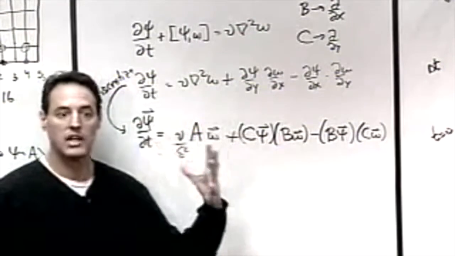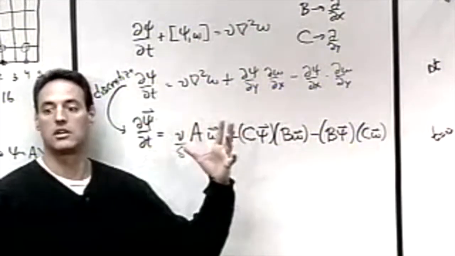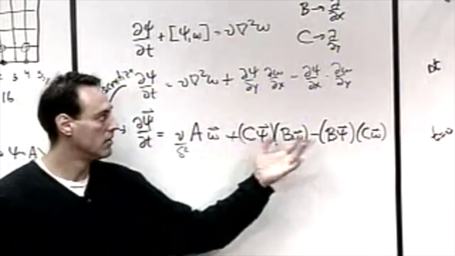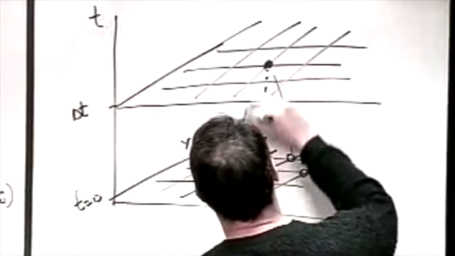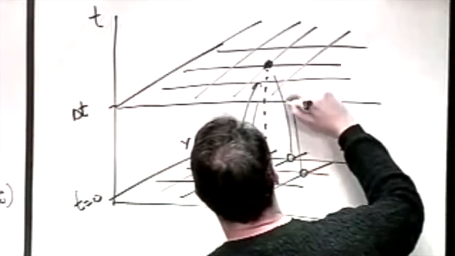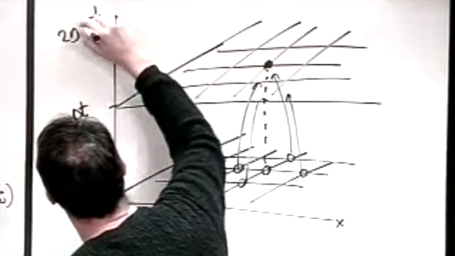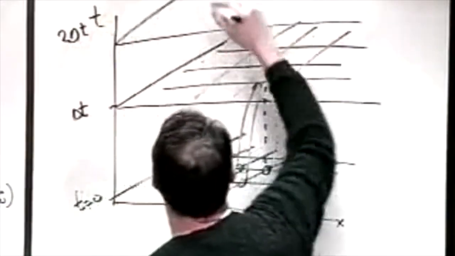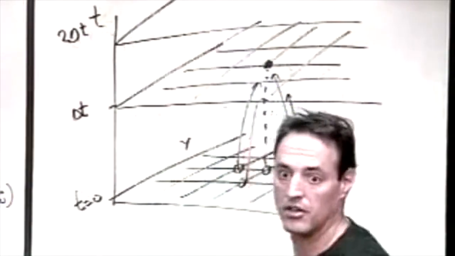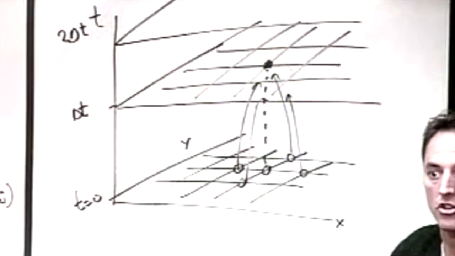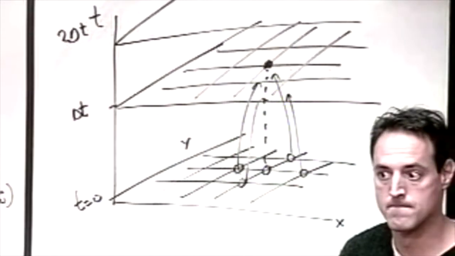You calculate it, and this is essentially what it's doing. Take these 5 points, and with these 5 points, you update your whole future at delta t, and then you say, okay, now I've done that. Now update from delta t to 2 delta t, and you keep this process going.